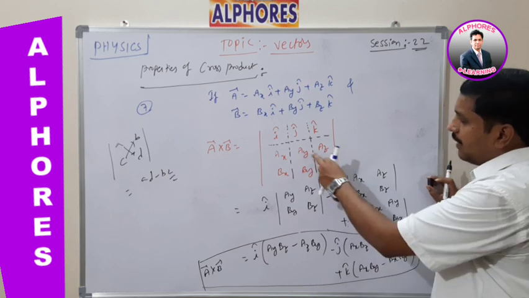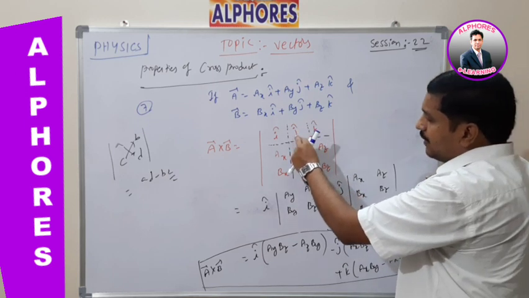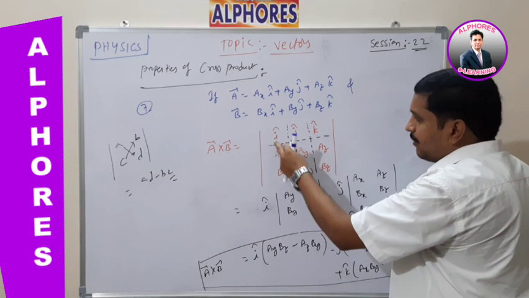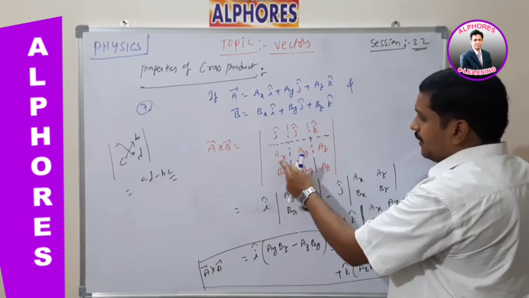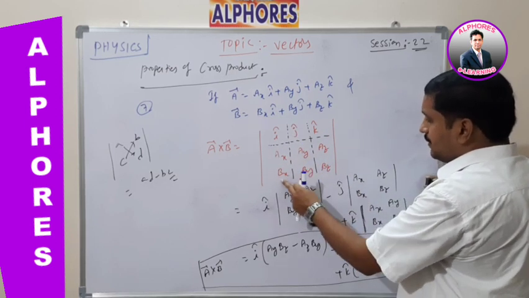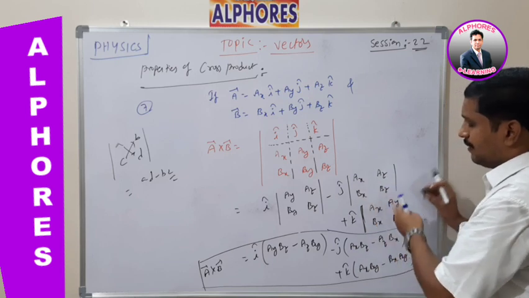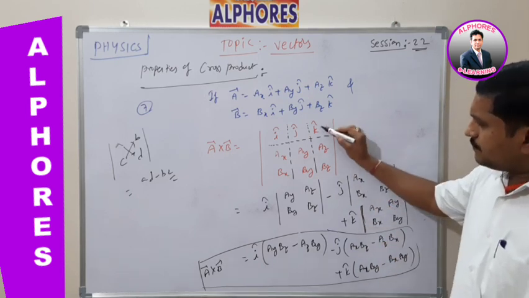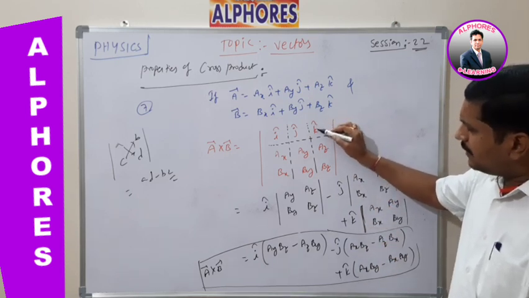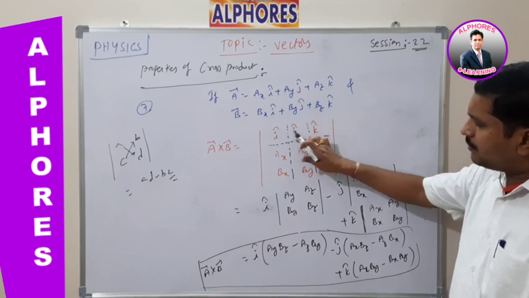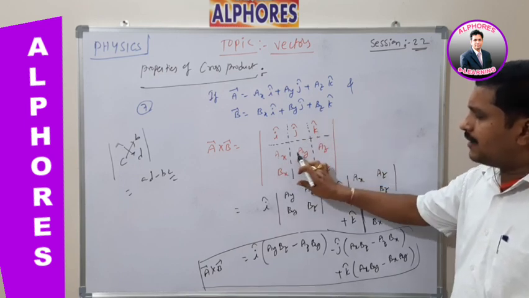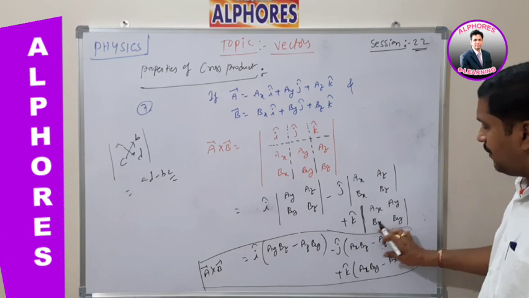Minus j cap into, to find this j cap you neglect the second column and first row. What about this 2 by 2 matrix? Ax, Az, Bx, Bz. Plus k cap into again, to take this third term k cap into, neglect the third column and first row. What is the 2 by 2 matrix? Ax, Ay, Bx, By.